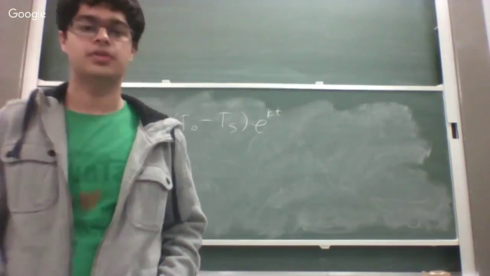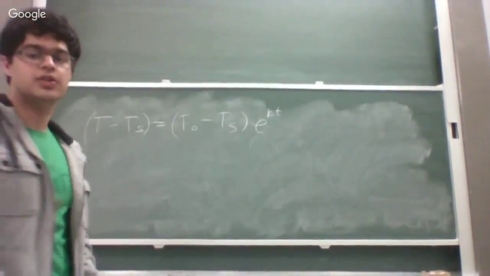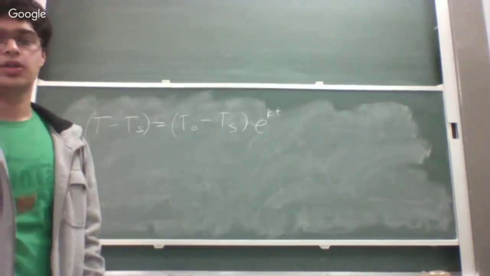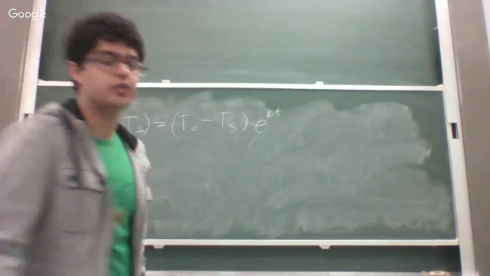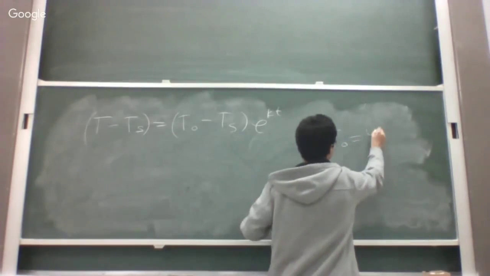That is the formula. They tell us an object at 40 degrees is brought into a large enclosure. So the object is at 40 degrees, so we'll mark that as T naught.